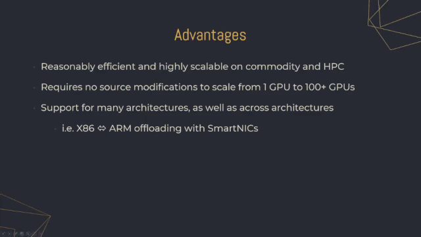We really hit the goal hard in terms of not requiring any source modifications when you're scaling. Because it's built off of LLVM and it already supports many architectures, we were able to extend this very quickly. We also know that you can offload across architectures. So let's say you have an x86 host and an ARM DPU, you can offload between them pretty easily.